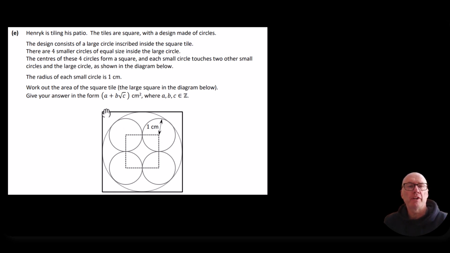Okay, so we need to find the area of this square. So what I want to do is find this length here, or this length here, in other words, the same thing. So that length there is actually the diameter of the big circle.